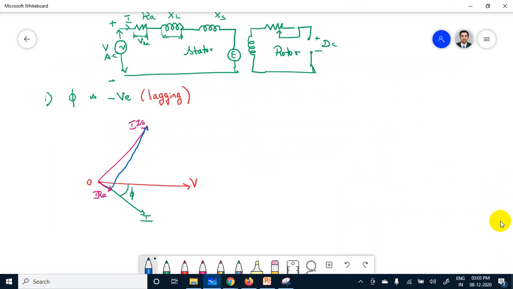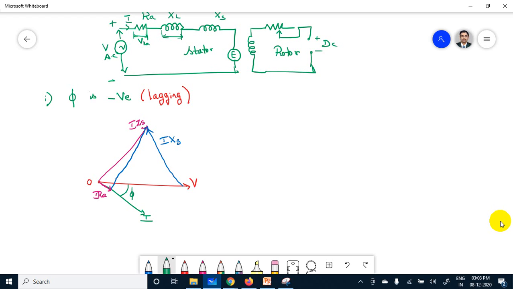The line from the center point to this V is nothing but I into XS. So this is I ZS, this is I RA, this is I XS. This is nothing but the phasor diagram when the power factor is negative, which is lagging power factor.